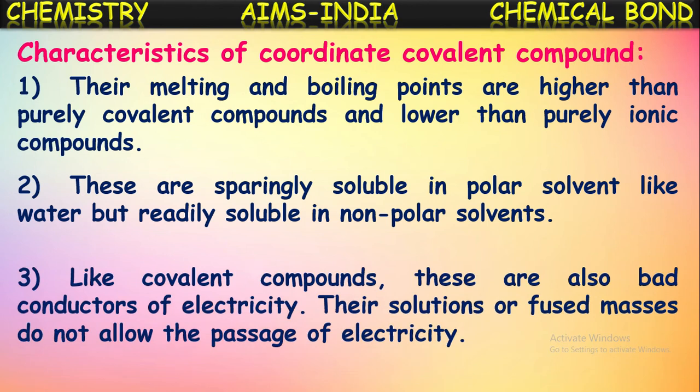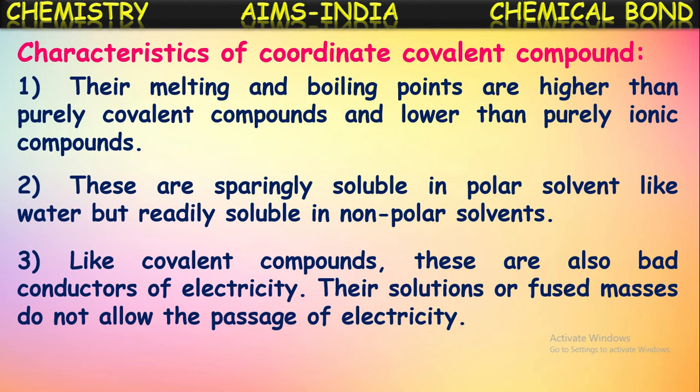Next, like covalent compounds, these coordinate covalent compounds are also bad conductors of electricity. Their solutions or fused masses do not allow the passage of electricity through them, because just like the covalent compounds, these coordinate covalent compounds do not have any formation of ions in the solvent form or in the fused form.